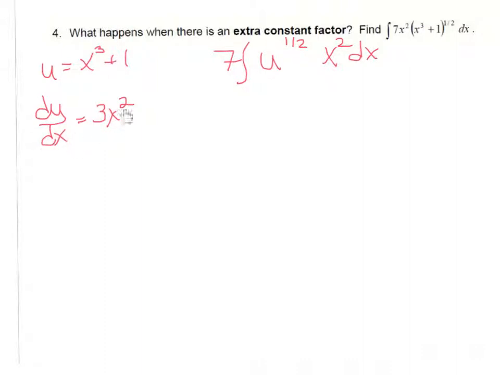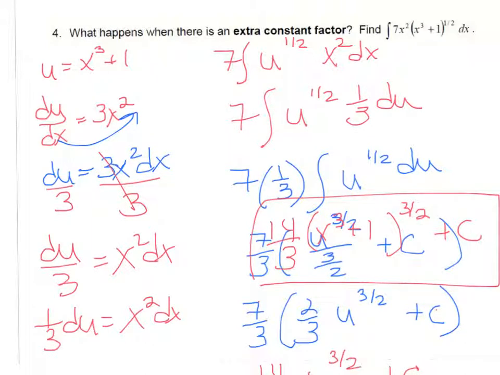So I'm going to manipulate this so that I get x squared dx. Multiply that to the right. And then I'm going to divide by 3. So we have du over 3 equals x squared dx.